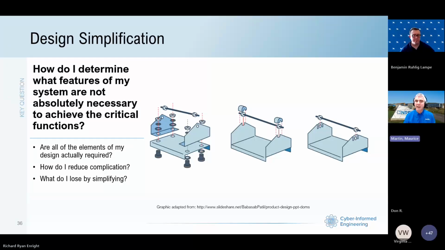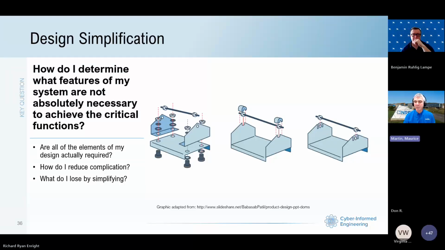Vendors may not like that because features are how they differentiate their product and how they get extra margin on their sales. But we can still ask the question, can these features be left off the system or removed? Can they be turned off in a way that they will no longer be available?